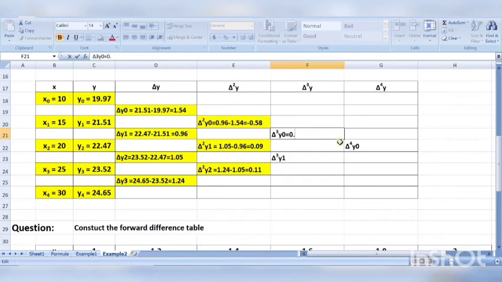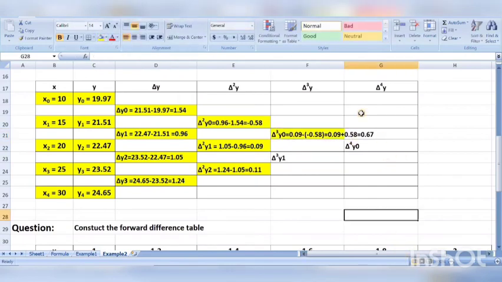So it is 0.09 minus, now this value is negative, so I will put it in the bracket, minus 0.58, and this is equal to 0.09 plus 0.58, and what's the value? 0.67. So in this way we got this third order forward difference.